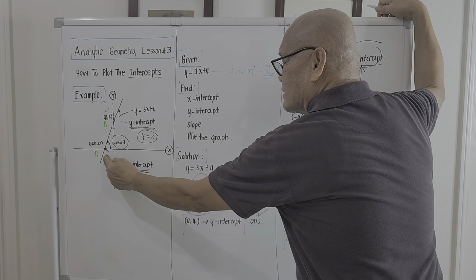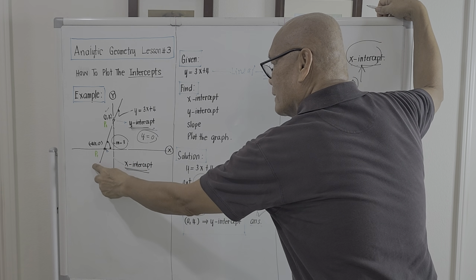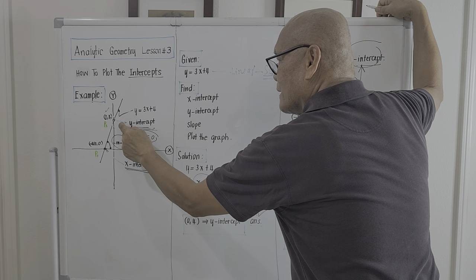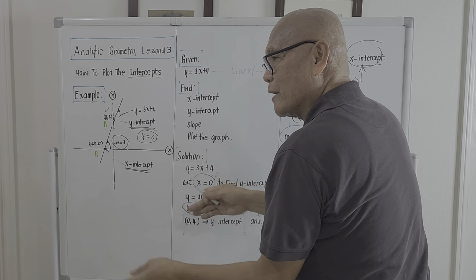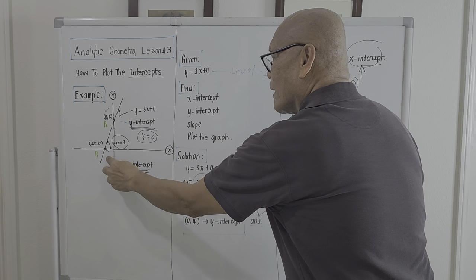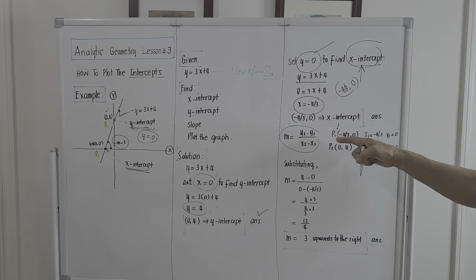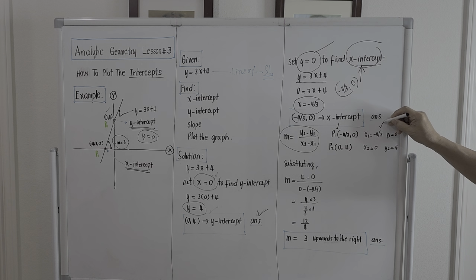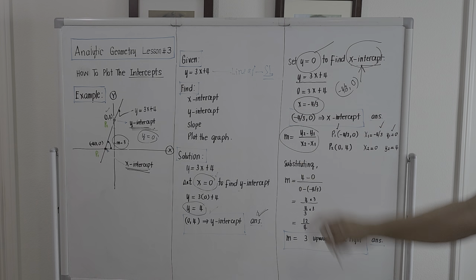The x-intercept, I represent as point P1, and the y-intercept, I represent as point P2. You could interchange if you like, but for me, I make this one P1, and P2 will be the y-intercept. So P1, the coordinates will be negative 4/3 and 0, meaning x1 will be negative 4/3, y1 is 0. Point P2 is the y-intercept.